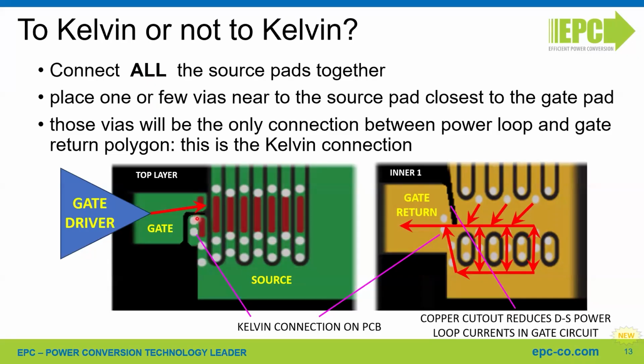And in the same polygon, those two vias are placed near the gate driver and its return, and this is working as a Kelvin connection between the gate driver and the power device.